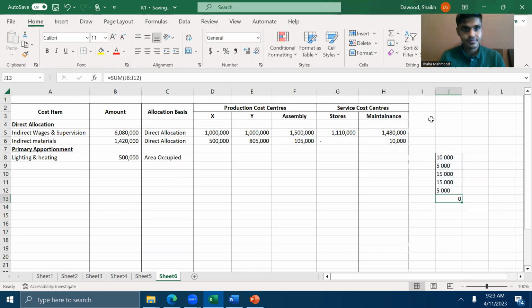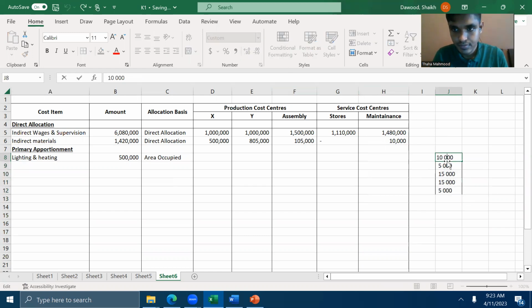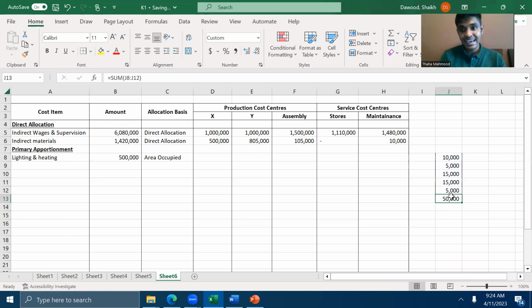What's happening? Taking a calculation. Okay, this is the total cost on lighting and heating. This is the total area occupied.